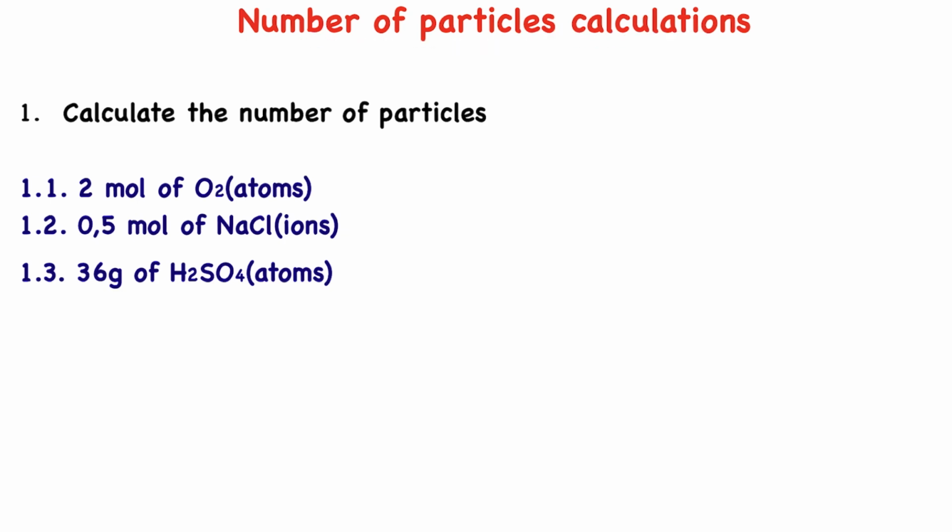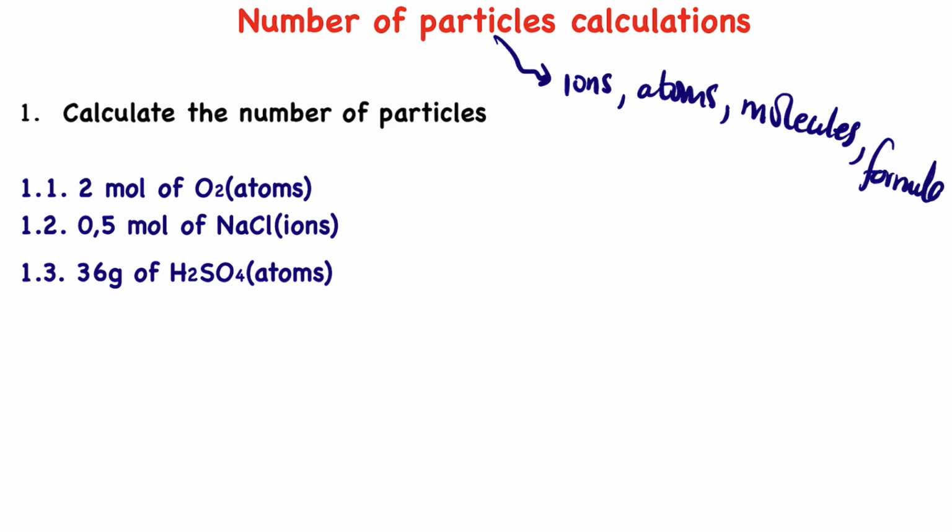Number of particles, remember guys, when we talk about particles, we're talking about ions, we're talking about atoms, we're talking about molecules, we're talking about the formula units, right? And remember, the ions you get them from an ionic compound.